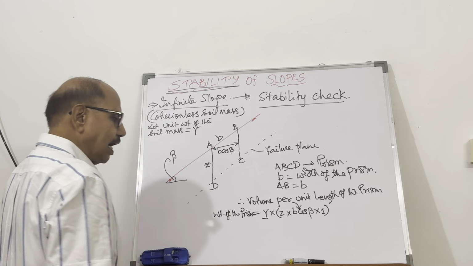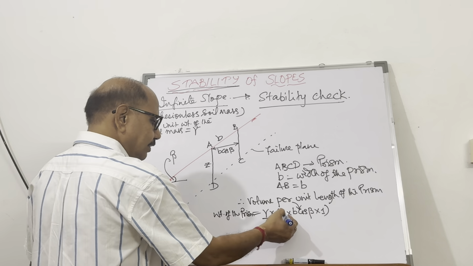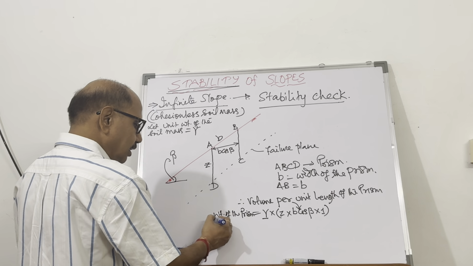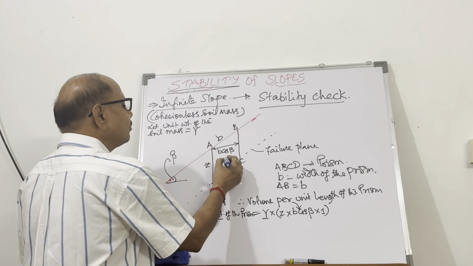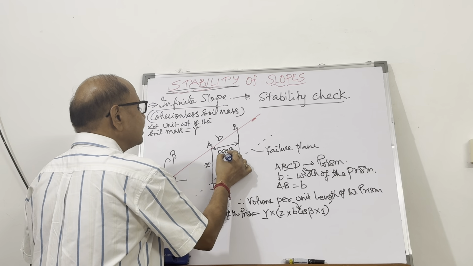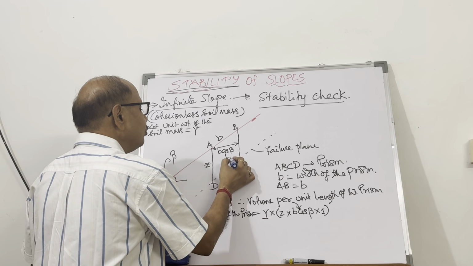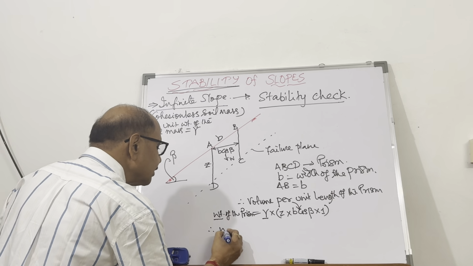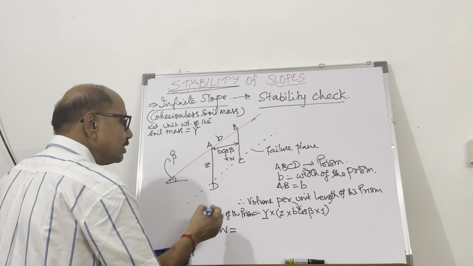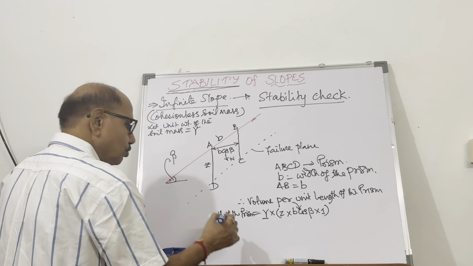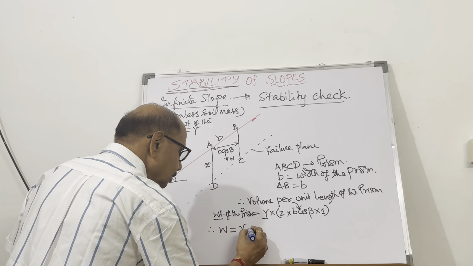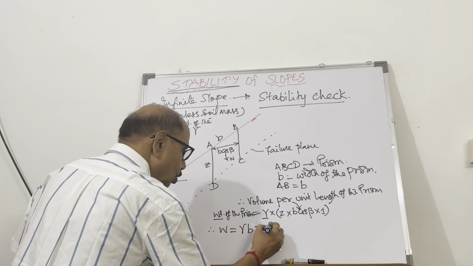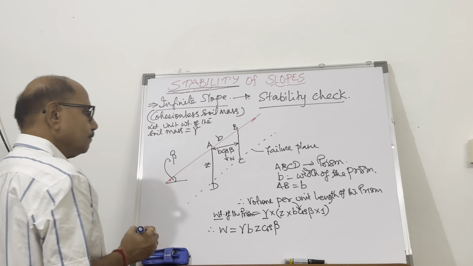Once you multiply it with gamma, the volume per unit length, Z into B cos beta, multiplied by gamma, gives you the weight, which will be acting at the CG. So you are able to calculate the weight of the prism. Therefore, the weight of the prism W, as shown in this diagram, is going to be gamma into B into Z cos beta.